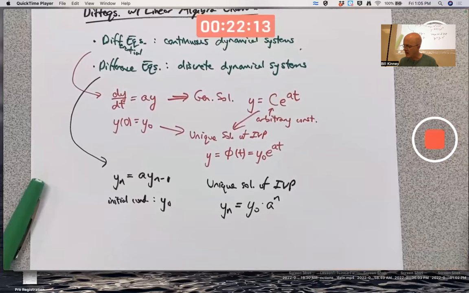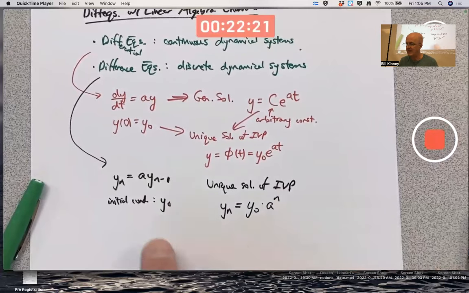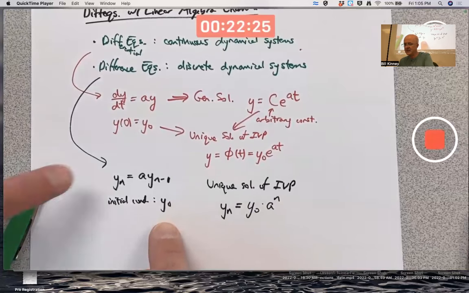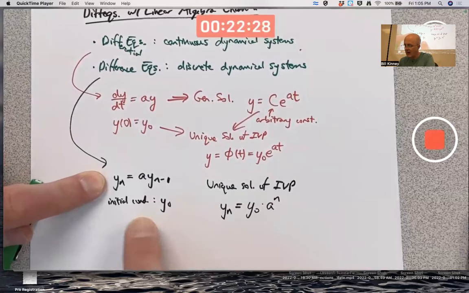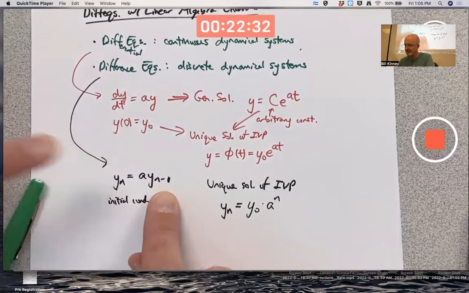Why does that work? Well, certainly when n is 0, a to the 0 is 1. Y0 times 1 is y0. It's got the right initial condition. Does it satisfy the difference equation? Does yn equal a times yn minus 1, no matter what n is? Yeah.